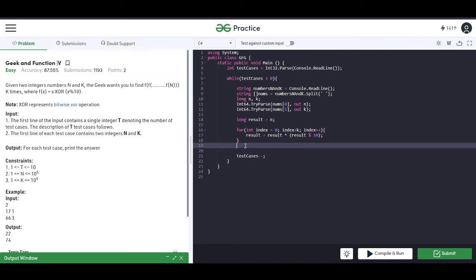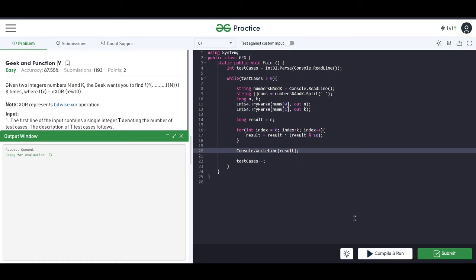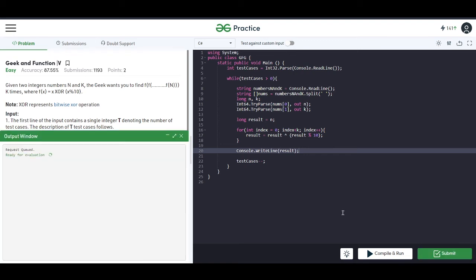Then in the end we will just print the result. Let's compile it and see. We got the output as 22 and 74 for test cases, 22 and 74, which looks fine.